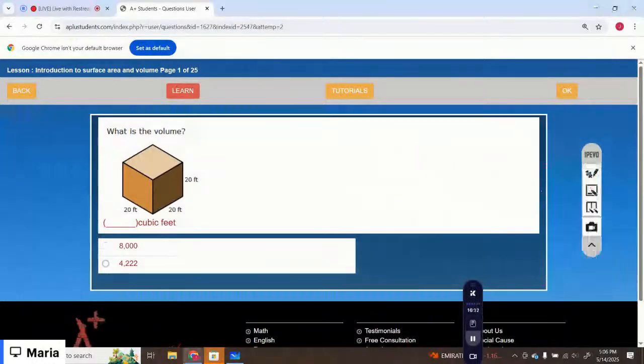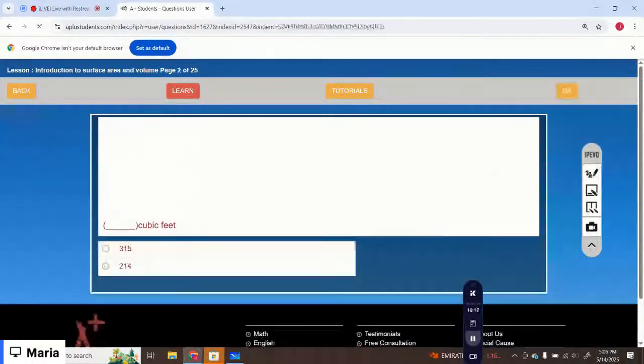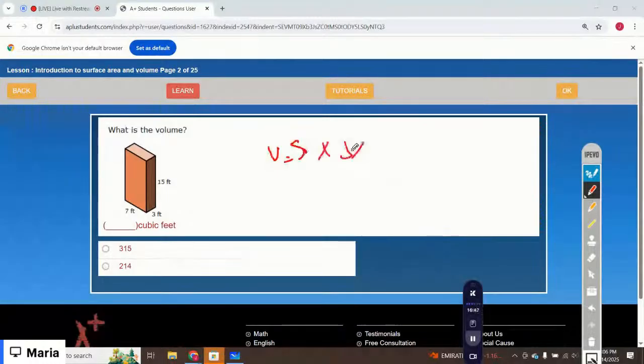Okay, so the next one is, what is the volume? We need to calculate the volume, which is side times side times side. Volume equals side times side times side.